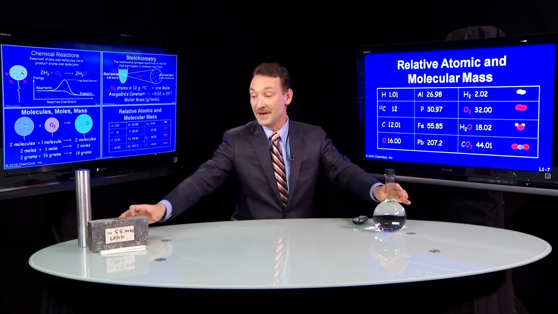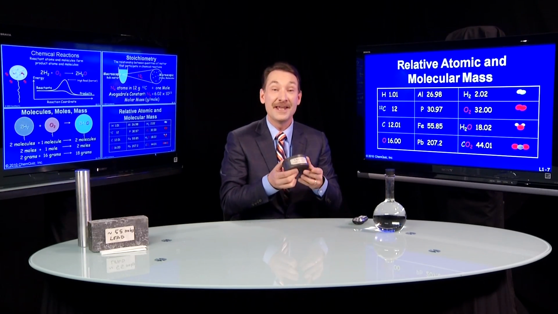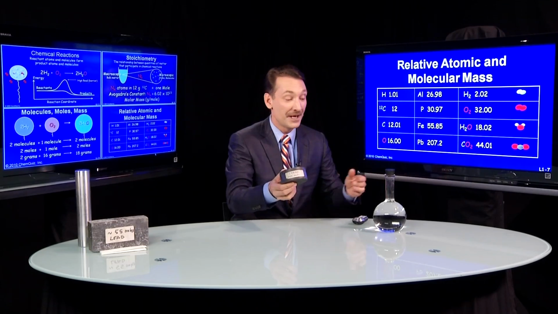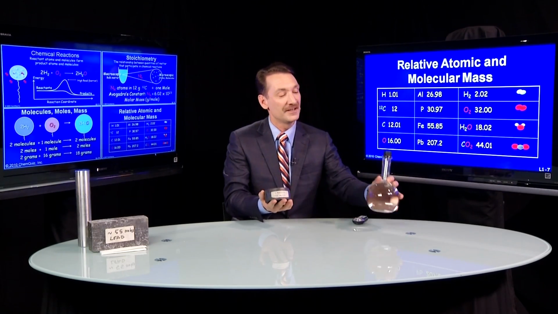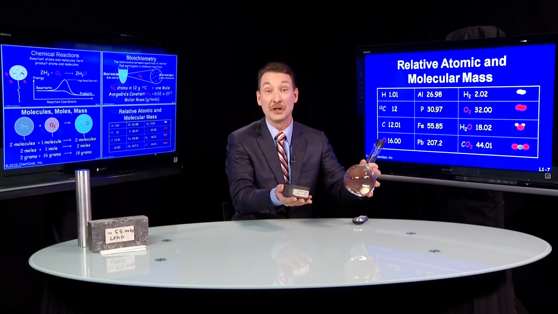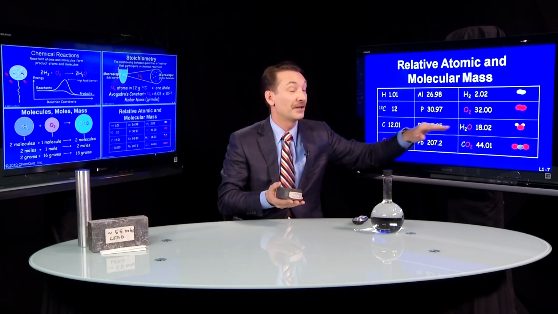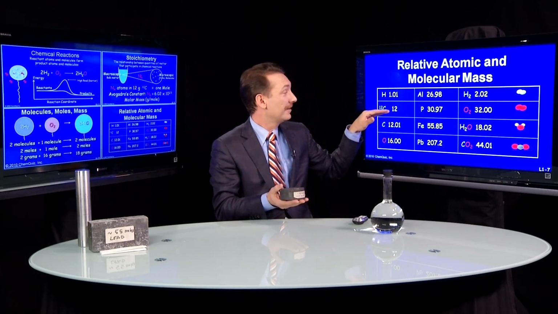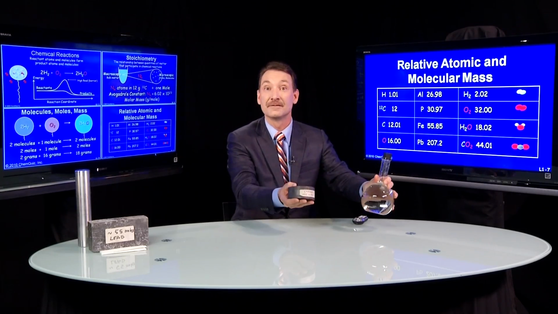Now, I also have carbon. Here's 55 moles of carbon, and this has the same number of particles as water particles. They're both 55 moles. And their masses are actually quite similar. We can look at the table and see that water has relative mass 18, carbon relative mass 12, so those are very similar masses.